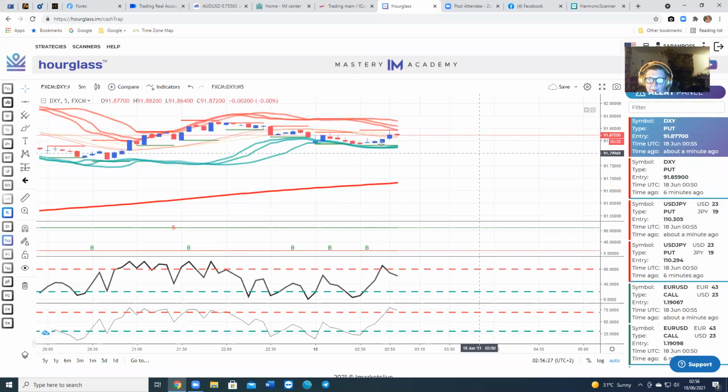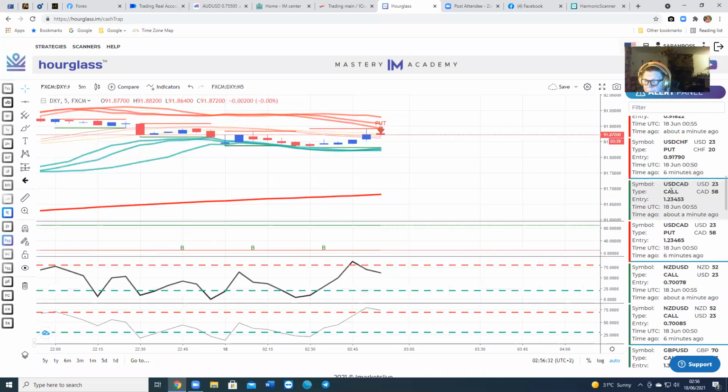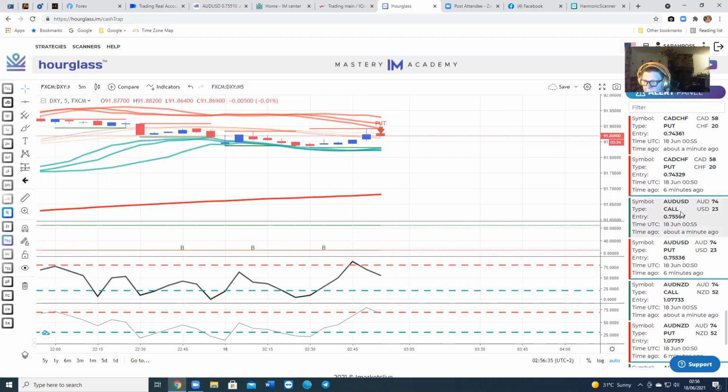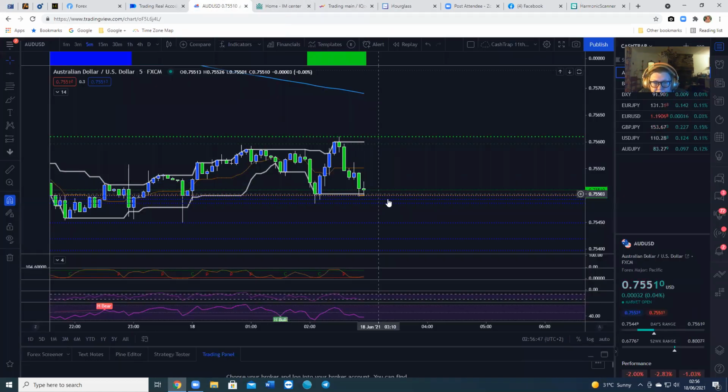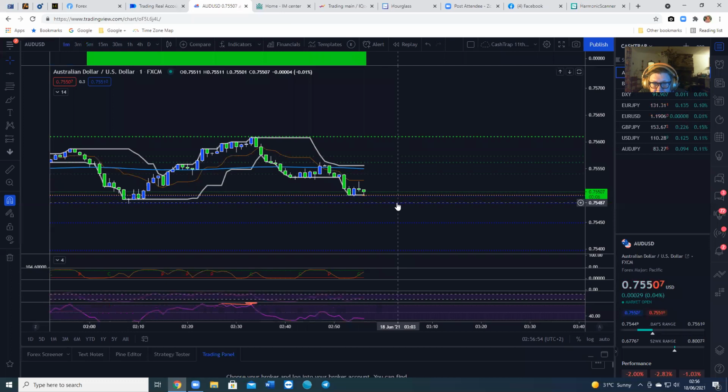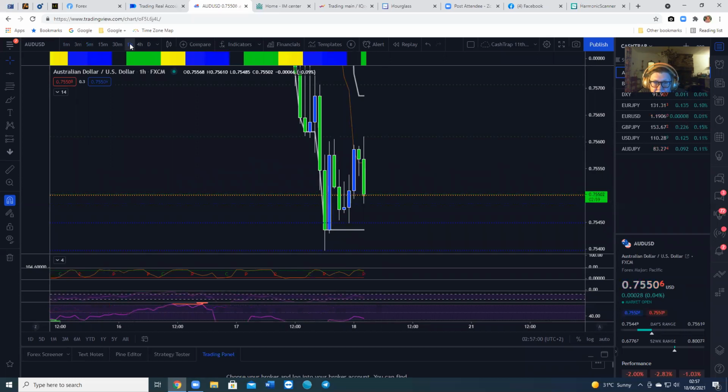Our dollar should be weakening. $502. That's good if it's going to wick off that quarter point area as it finishes on the hourly candle.